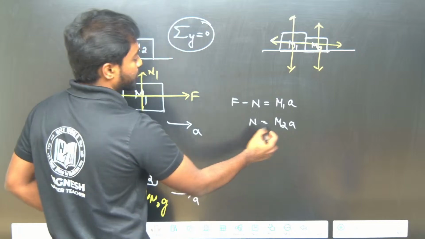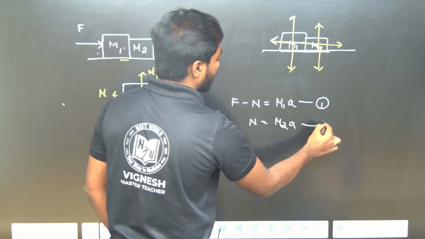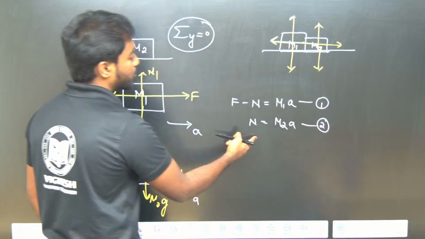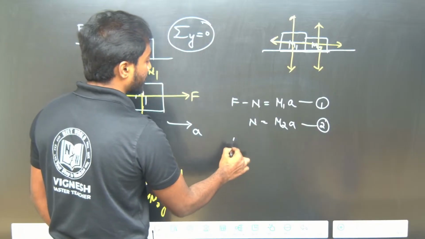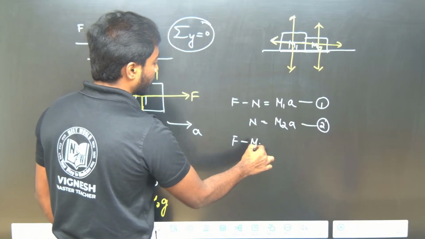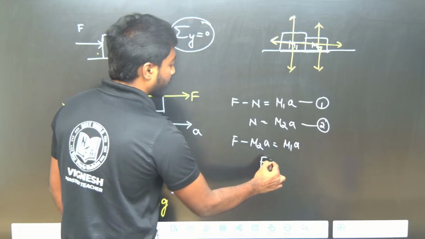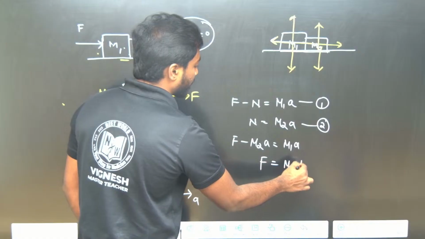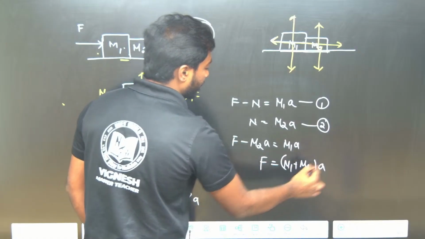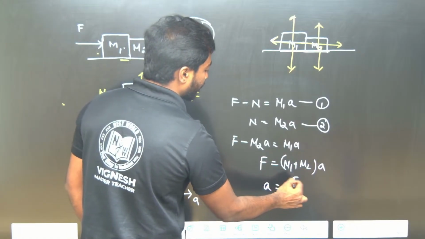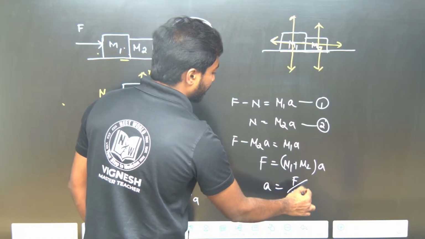I'll take this as equation 1 and equation 2, and substitute equation 2 in equation 1, which means F minus m2a equals m1a. So F equals (m1 plus m2) times a, which means a equals F by (m1 plus m2).